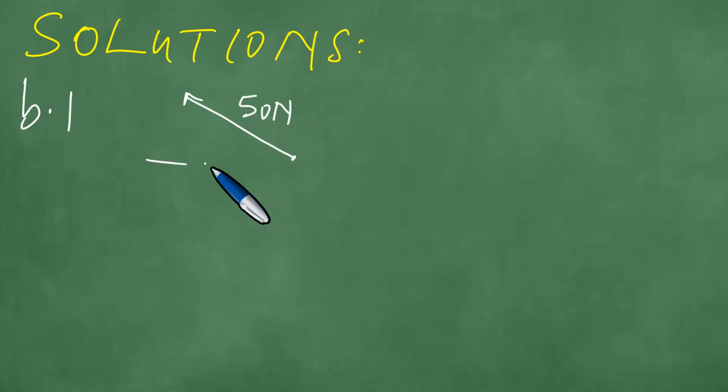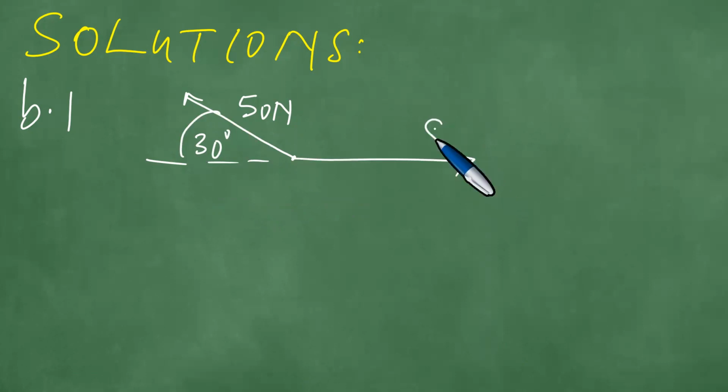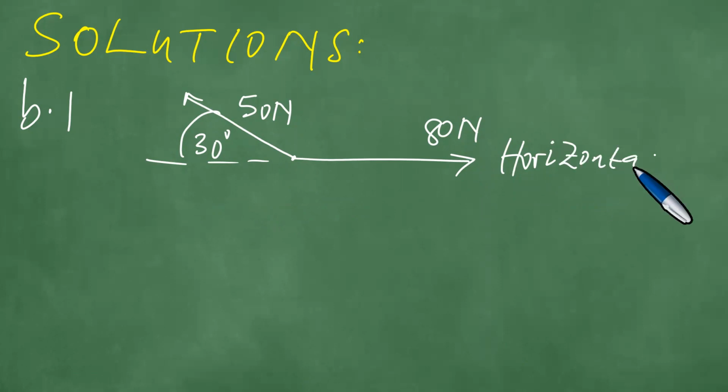And this force of 50 newtons acts at an angle of 30 degrees to the horizontal, and we have another force here of 80 newtons. And this one acts along the horizontal. Okay. The first question wants us to find the vertical component of the 50 Newton force.